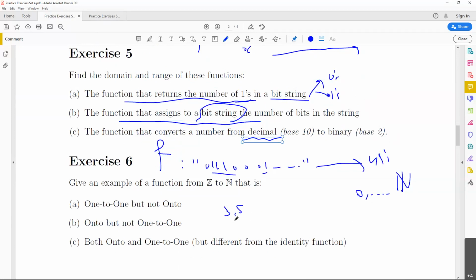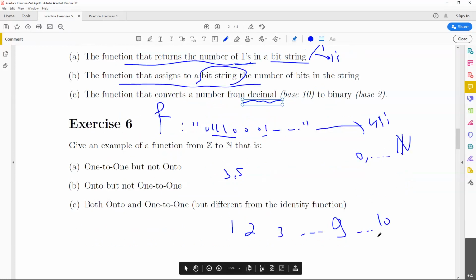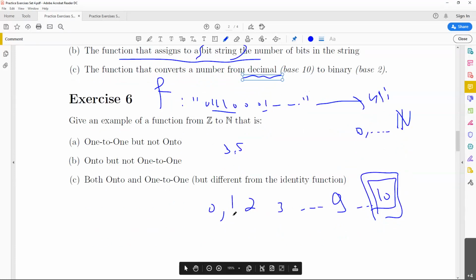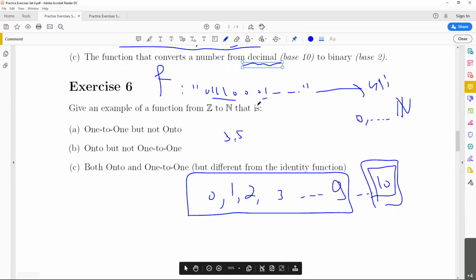Like if you're going to count the number of items you have in your room, you're going to go 1, 2, 3, 4. Okay, you reach 9. When you add one more item, it's going to be 10. So base 10 system. You have digits 0 till 9. So you have 10 digits, base 10 system.